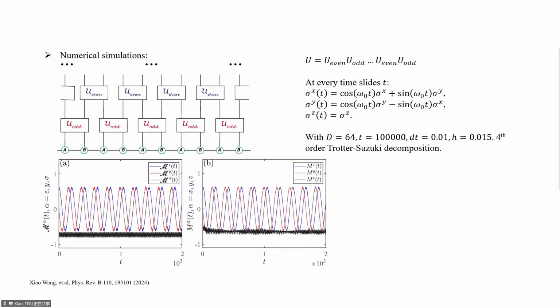So for the lattice model, we can simulate the system with a two-site periodic tensor structure, where during the time evolution process we choose the truncated dimension of the system to be a static value, and a very long time evolution with the first order Trotter-Suzuki decomposition.